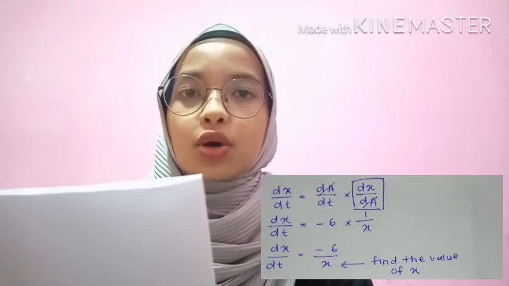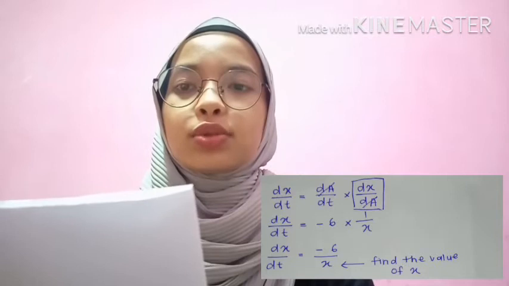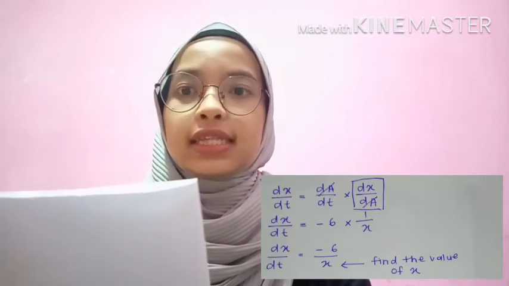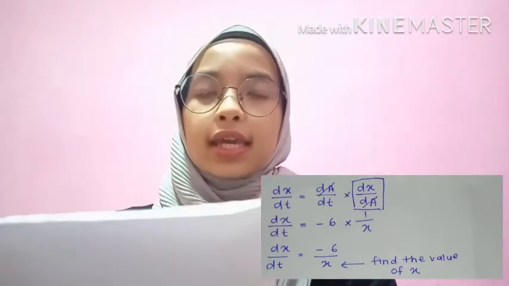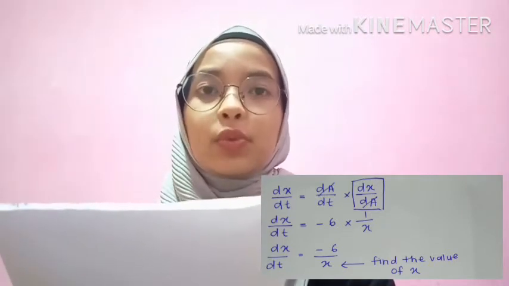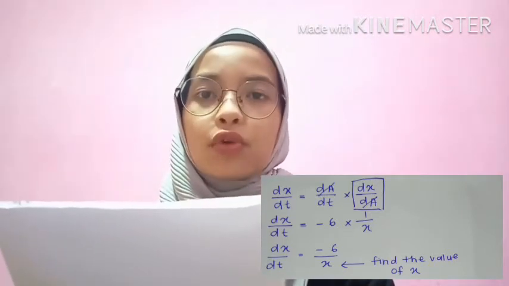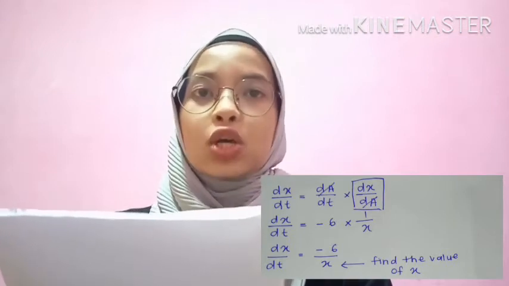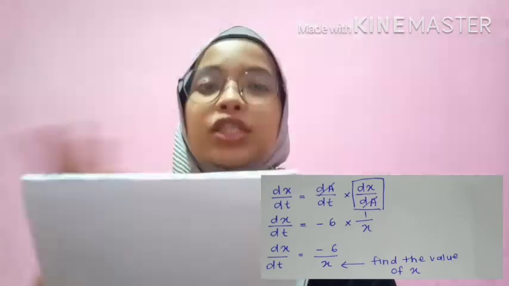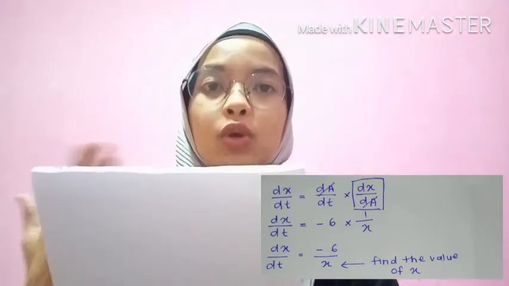So now we write dx/dt equal to dA/dt times dx/dA. Now why do we put dx/dA instead of dA/dx, which is the information that we have got in the question?